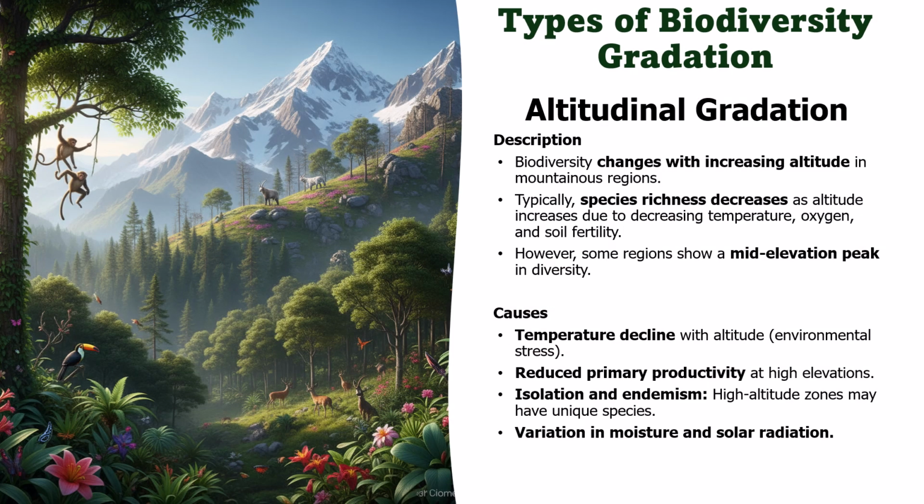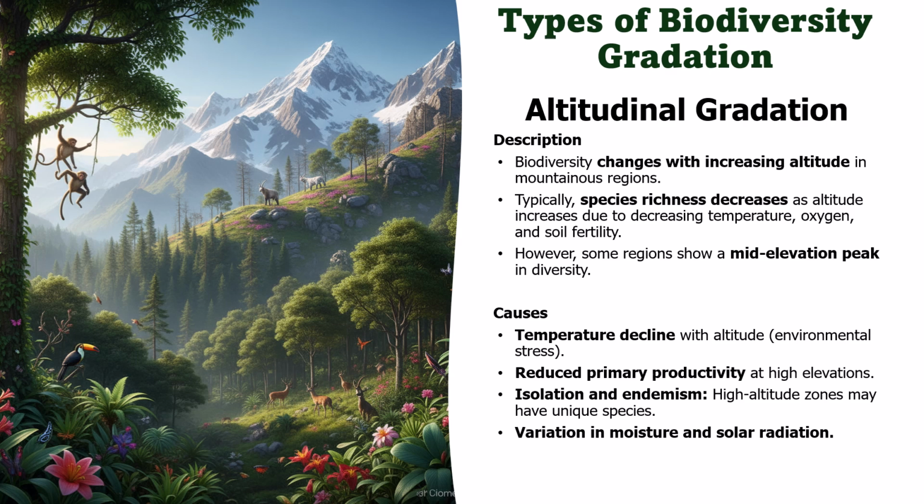Altitudinal gradation refers to the systematic variation in biodiversity observed along mountain slopes as altitude increases. Generally, species richness declines with elevation due to decrease in temperature, reduced oxygen levels, and poorer soil fertility at higher altitudes.